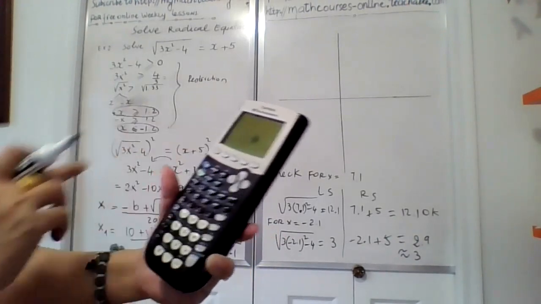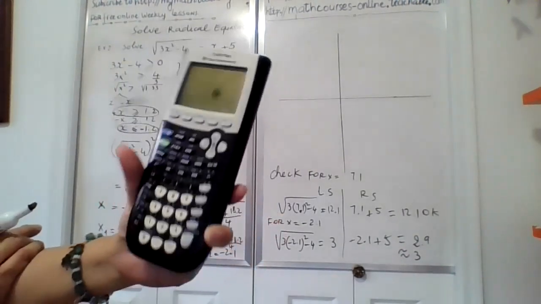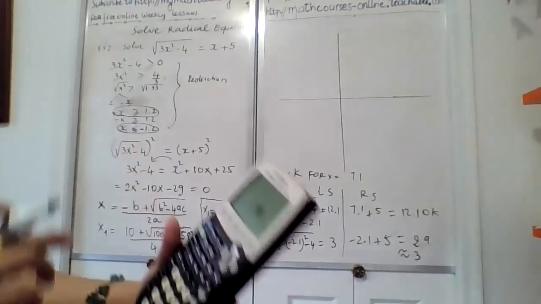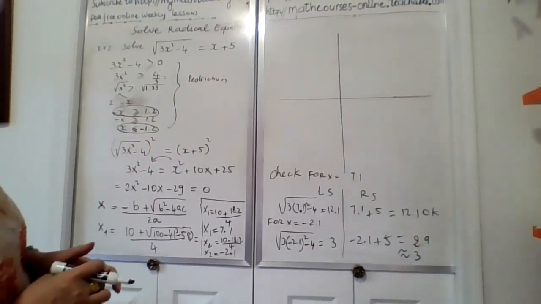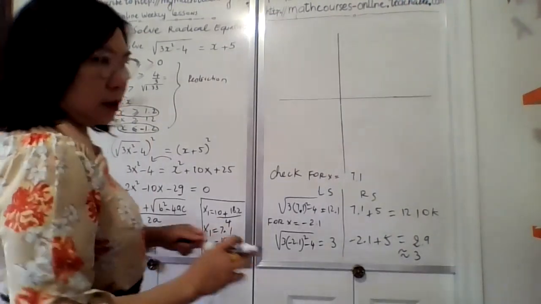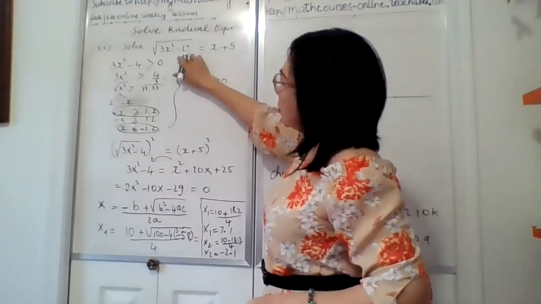Okay, this is the shape of the graph on my graphing calculator. Now I'm going to sketch it by hand and see if we can make it look like that. We're going to sketch the left side first.